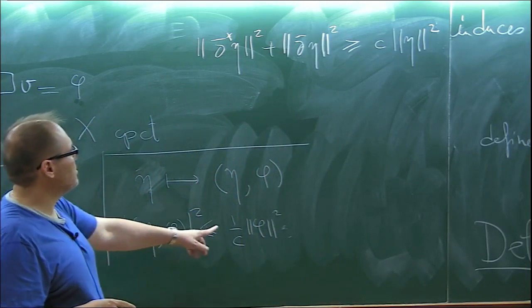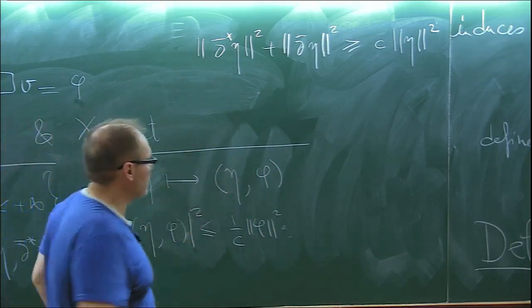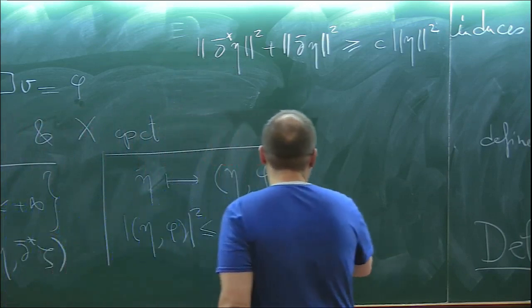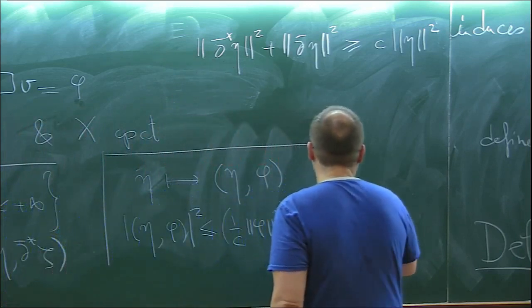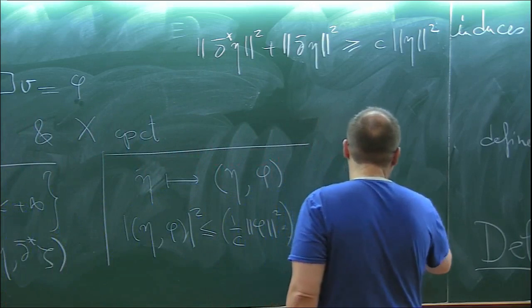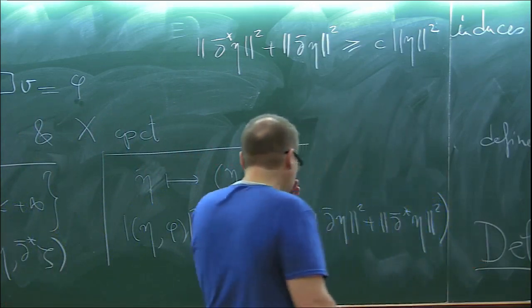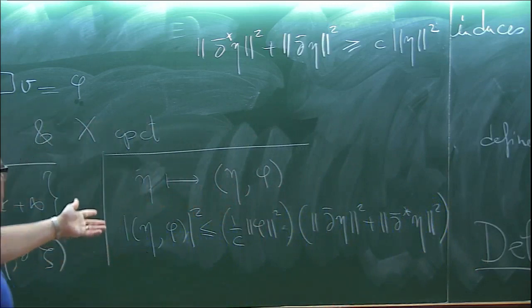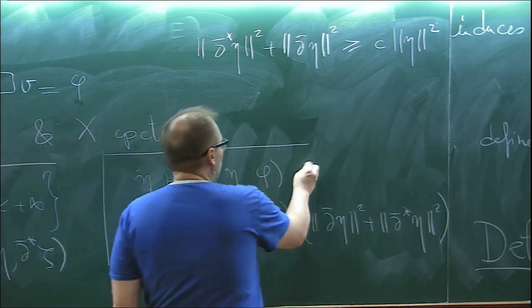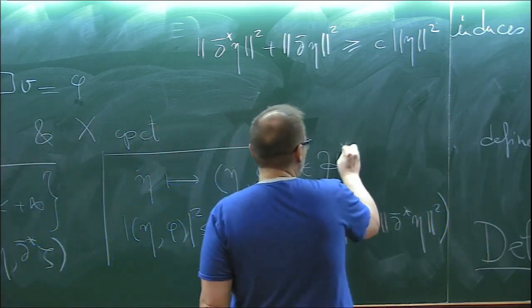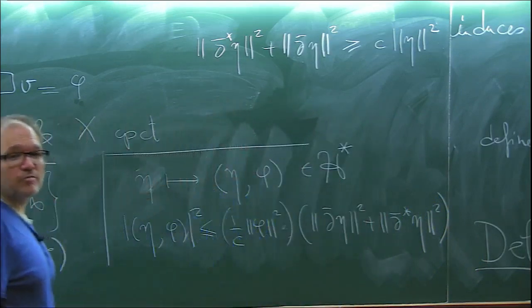But the c times the norm of eta squared is bounded by this. Okay, so that shows you that actually this thing is a bounded linear functional on H itself.